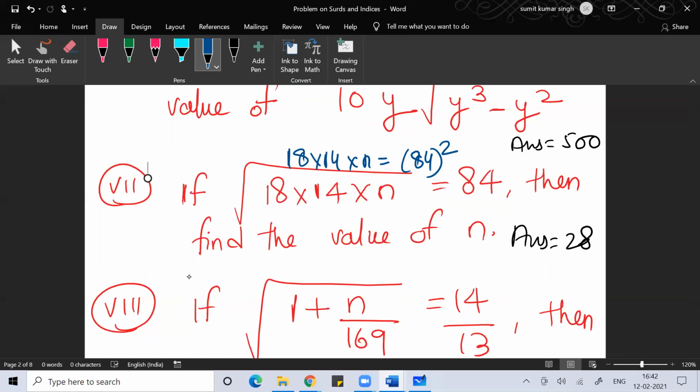Simple calculation. 18 you can write as 3 square into 2. 14 you can write as 2 into 7. And 84 you can write as 2 square into 3 into 7, whole square.